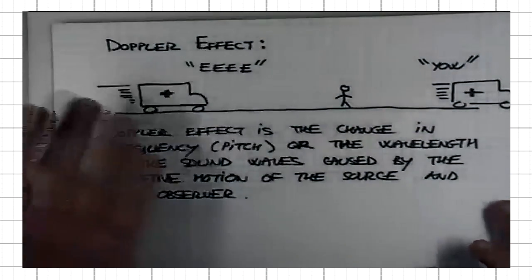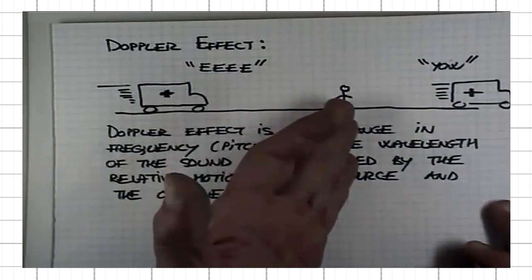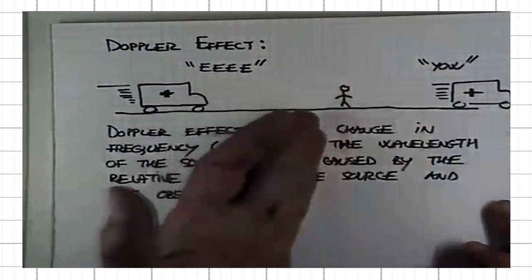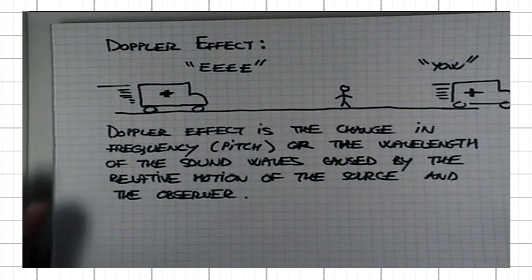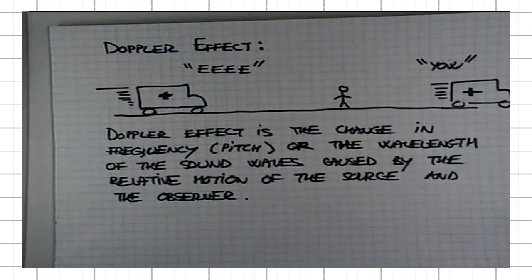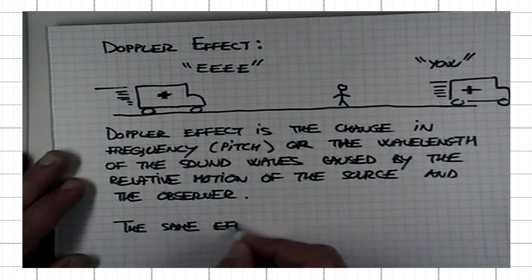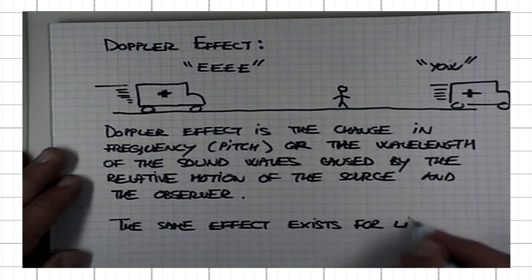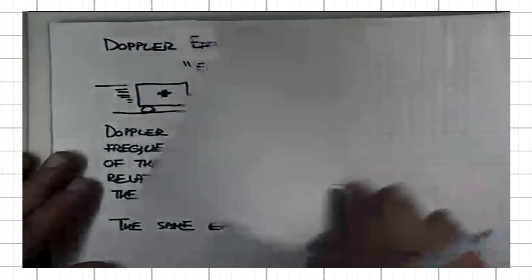So as the source of sound is approaching you, the frequency is perceived as higher pitch, and then as the source of sound is receding from you, moving away from you, the pitch is perceived as lower. Well, we have the same effect with light. And it's easy to understand what is involved.